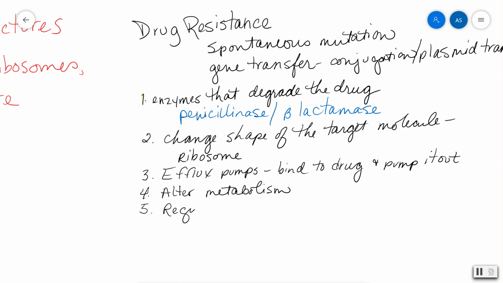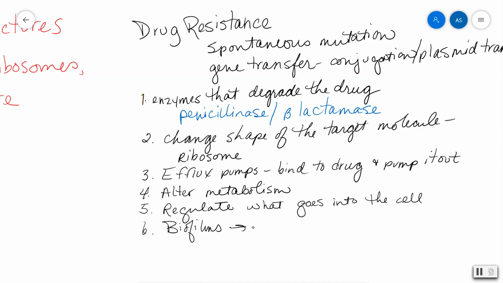They can more tightly regulate what goes into the cell and simply not allow the drug in. And some bacteria form biofilms, which make it so that the drug can't get to the cell.